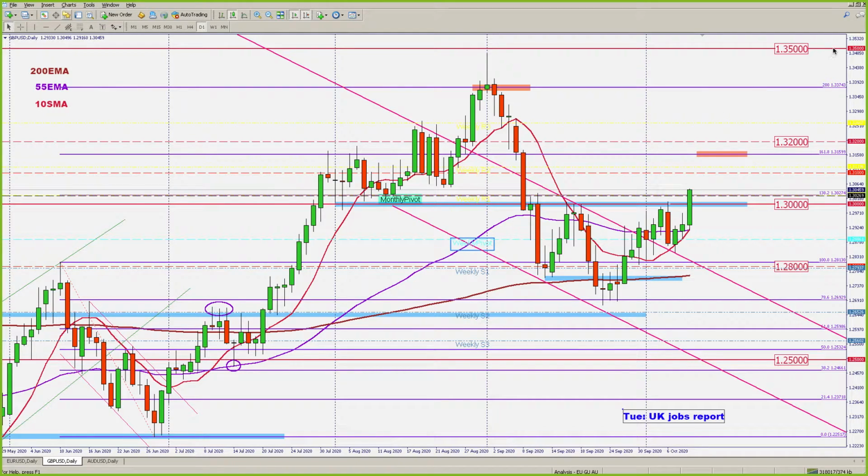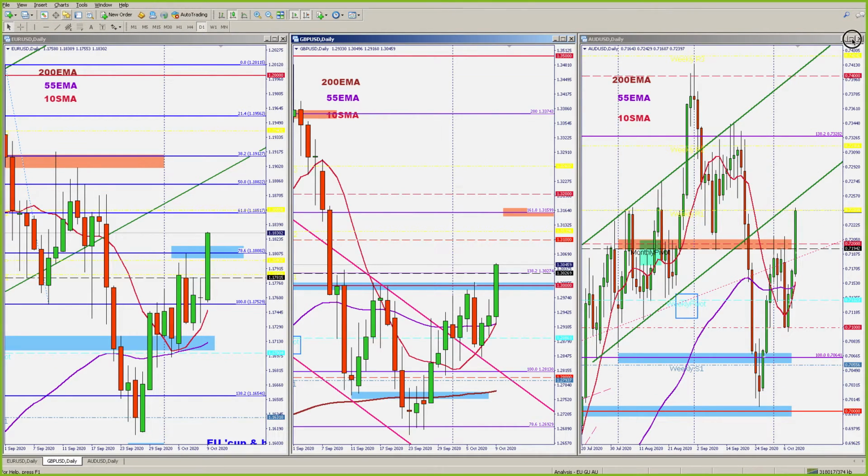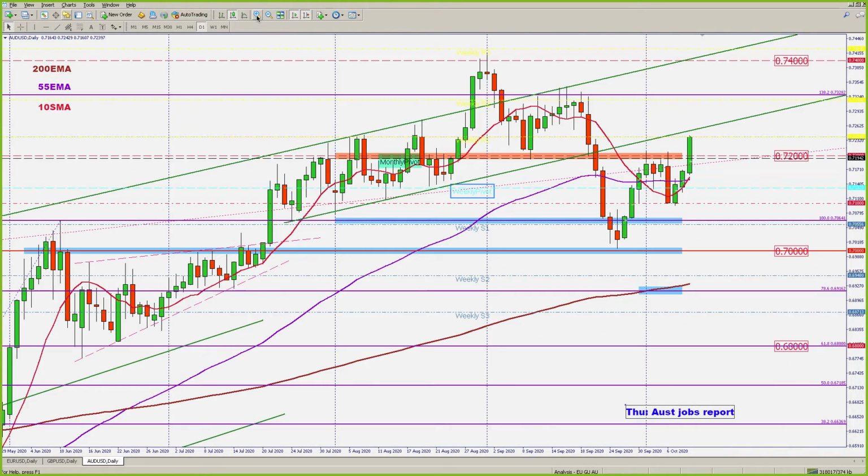Let's take a look at the Aussie dollar. For the Aussie dollar, it has actually found support at the 0.7100 level after testing the 72. It managed to bounce, find support from there, and now has broken above the 0.72.